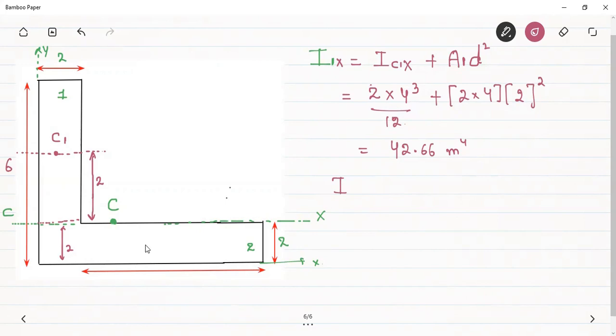Now we are going to find the moment of inertia of the second rectangle about the CX axis. I can also make a correction here: we can write centroidal x-axis of the complete figure.